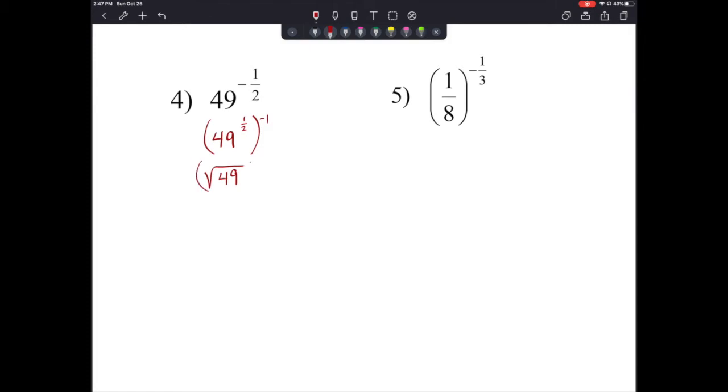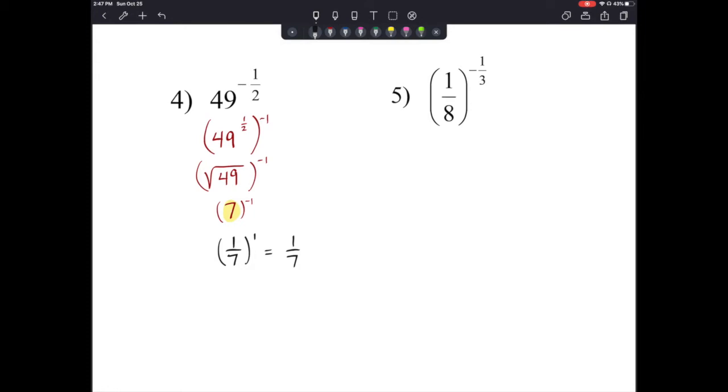Then we'll raise it to the negative first power after we simplify. So the square root of 49 is 7. So now it's just 7 to the negative first power. Remember, 7 is our base, so we'll just take the reciprocal of our base, which is going to make it 1/7 to the first power, which is just 1/7.